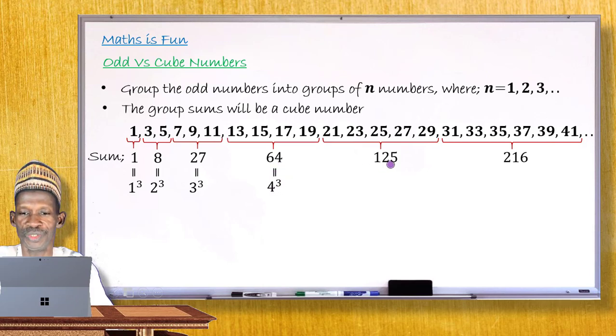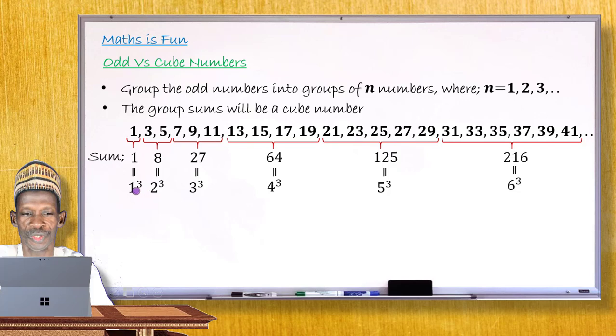And next is 125, which is nothing but 5 raised to 3, so it is indeed another cube number. And 216 is another cube number because it can be written as 6 raised to 3. You can now find those values and see whether it gives you this exactly.